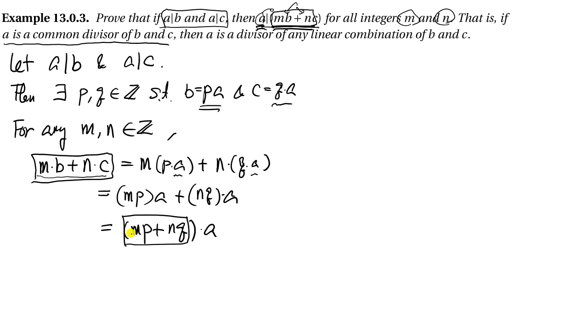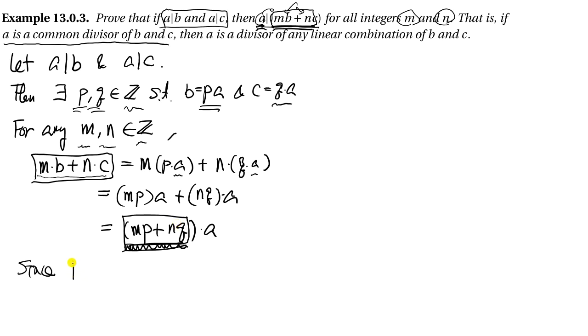So don't just say, oh, therefore A is a divisor of mB plus nC. No, because you have to make sure that number is an integer, right? That's the big condition in the definition of the divisor and multiples. So you have to show that since P and Q are already integers, and m and n are also integers, these are just the product and addition of integers.